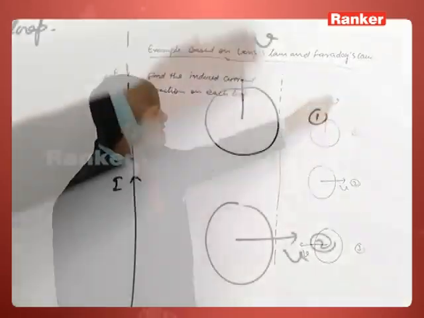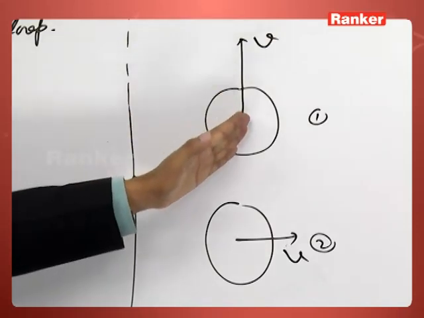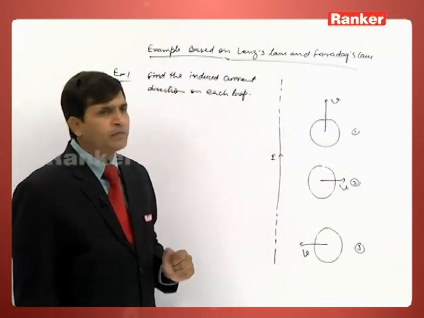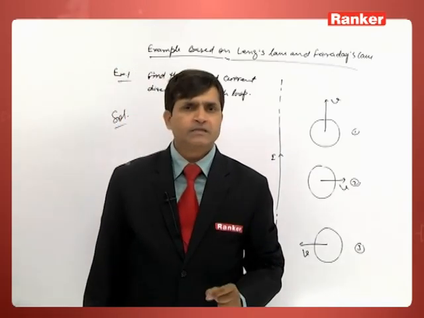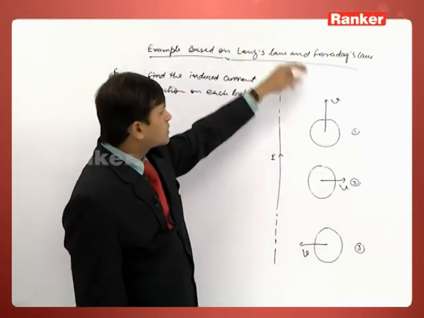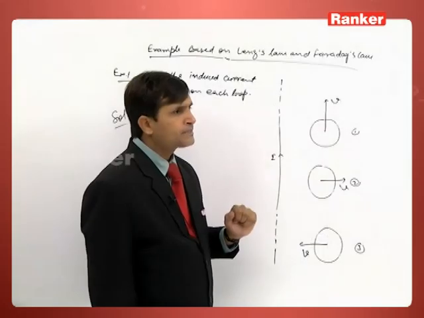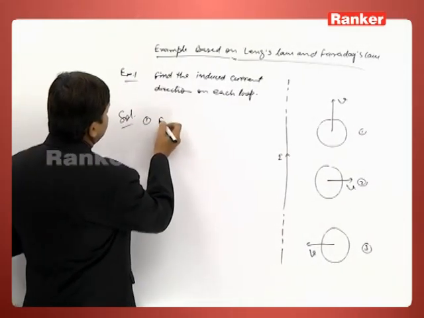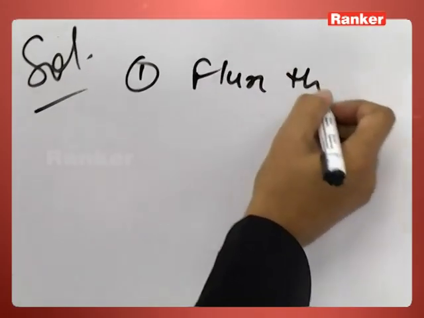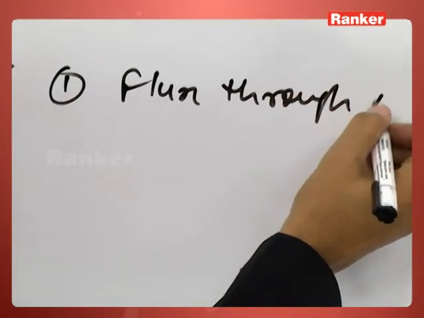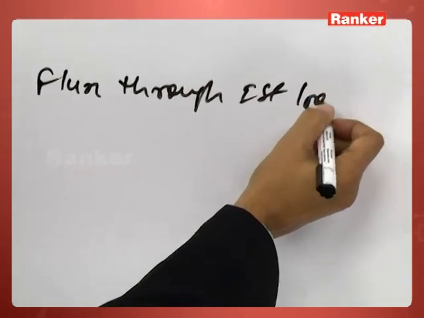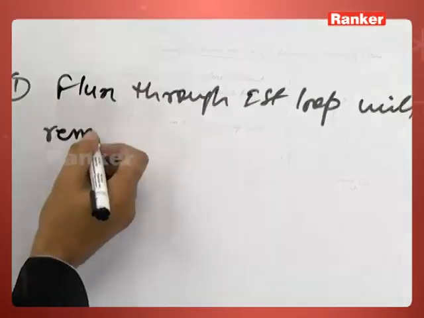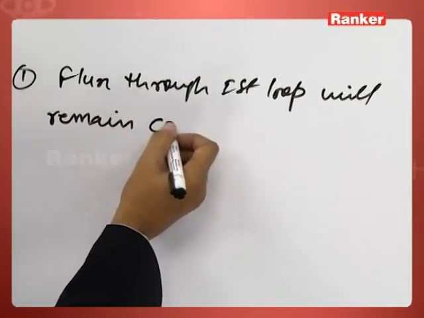Even though it is moving in this direction, because it is moving parallel to the conductor, different parts of the loop will always be at the same distance from the conductor. So the flux through the first loop will remain constant.